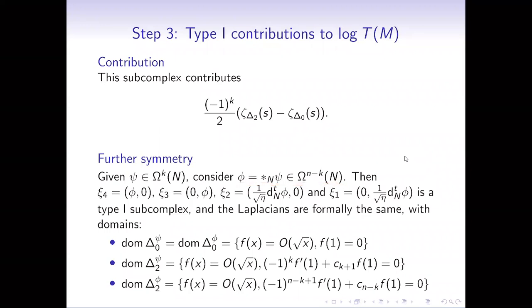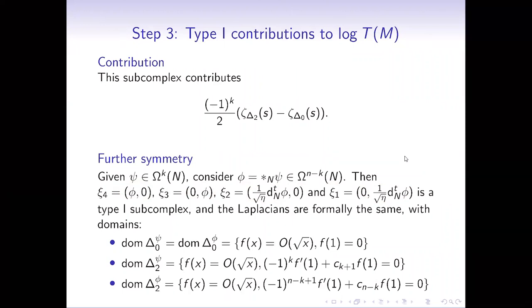But it turns out that if you define a reversed subcomplex of type 1, so if you remember, this was psi 1, this was psi 2, this was psi 3, and this was psi 4, I think, for the normal subcomplex. If you reverse it, you also get a subcomplex of type 1.